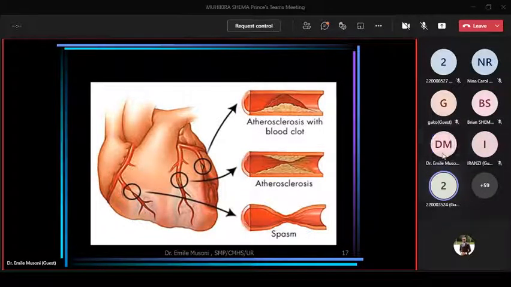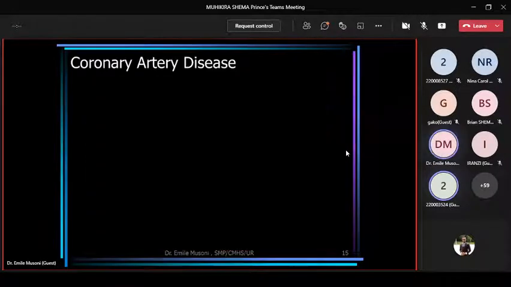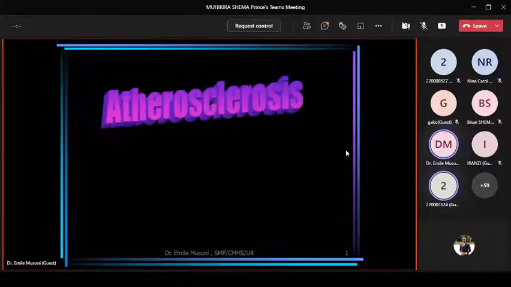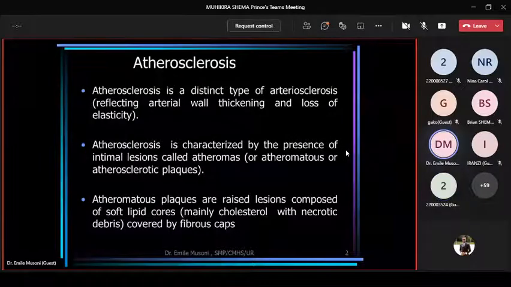Before that, teacher, sorry. Yes, Anna? There is a term, arteriosclerosis. How does it differ from atherosclerosis? Arteriosclerosis affects the arterial wall with thickening and loss of elasticity.